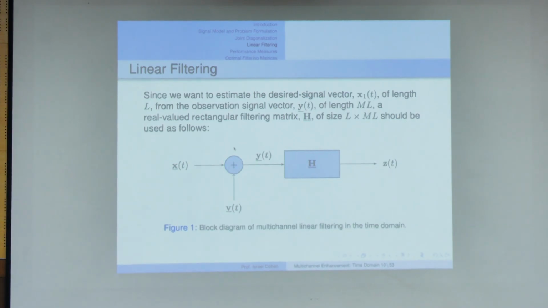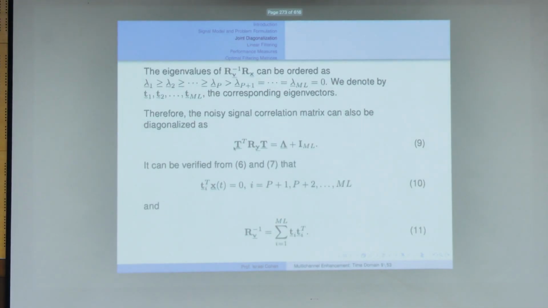So instead of finding the matrix filter in the time domain, we will work in the transform domain. And which transform do we choose? The transform of the generalized eigenvalue decomposition, which I repeat, is here. You see this matrix.